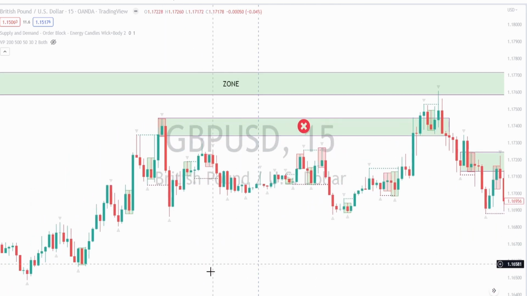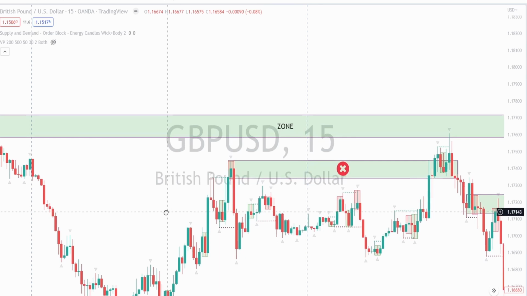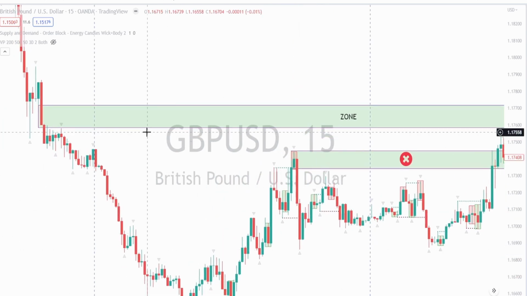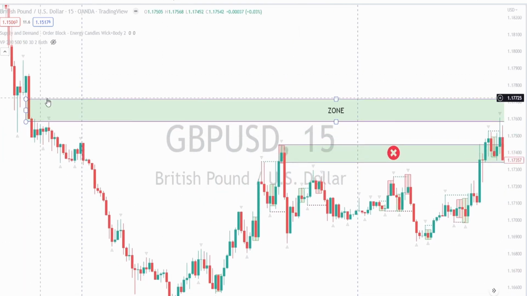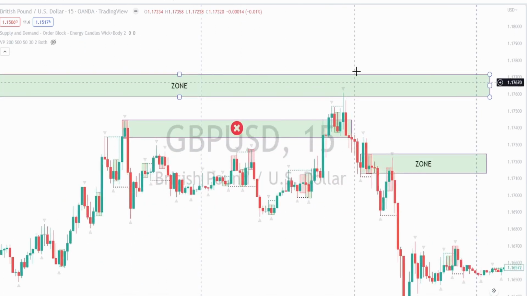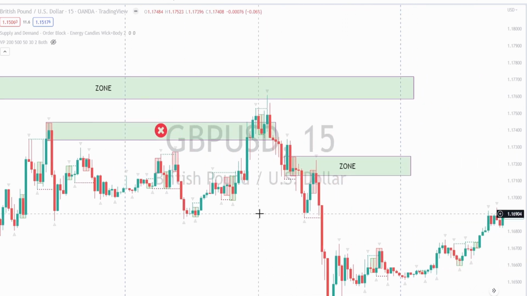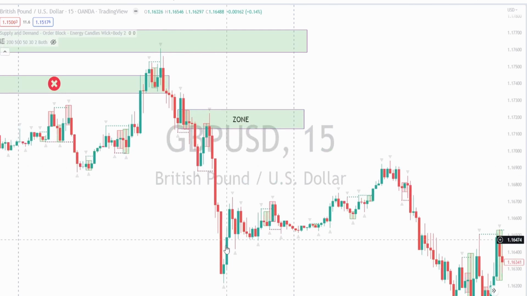But you could see that this zone actually was touched, came in. So you might have actually been marking this area as an area of supply, but it didn't come right into that. It actually came into the void itself, touched it slightly, and then left the area. Price pushes down, creates another area of supply.